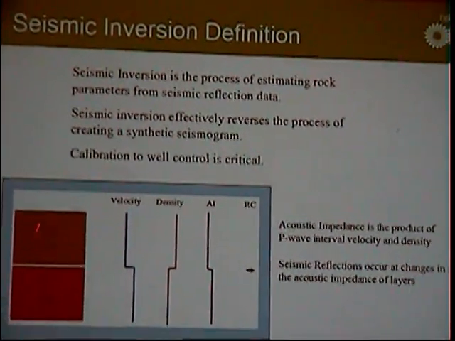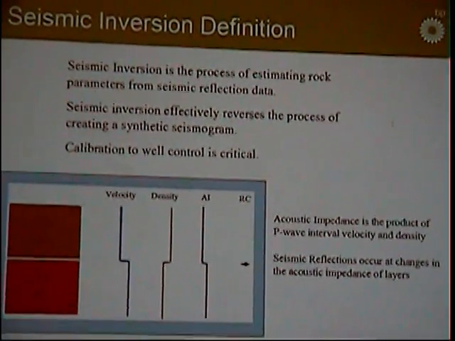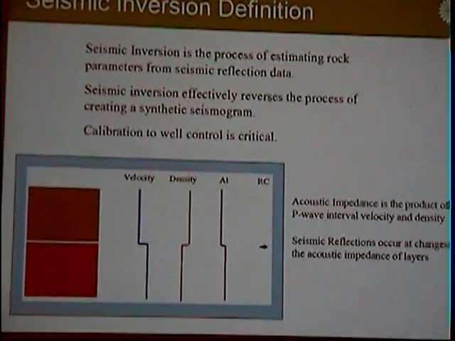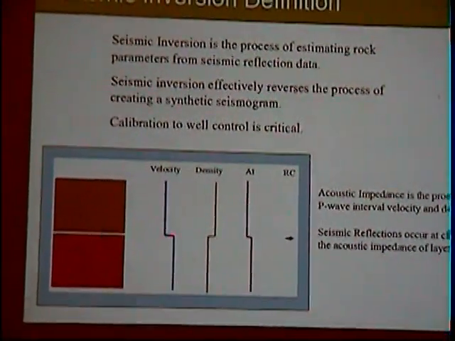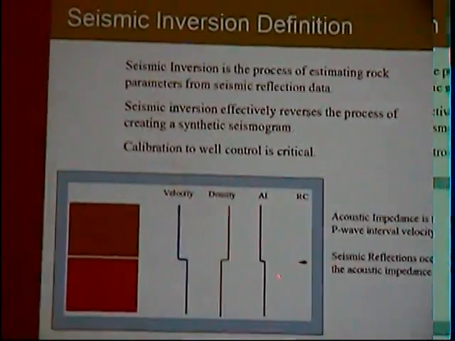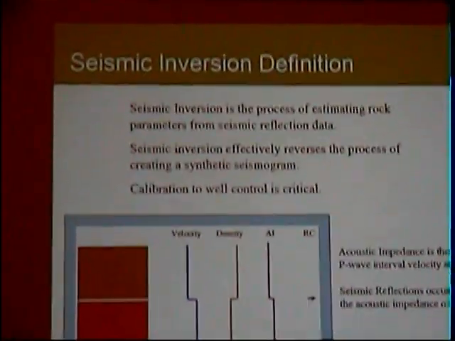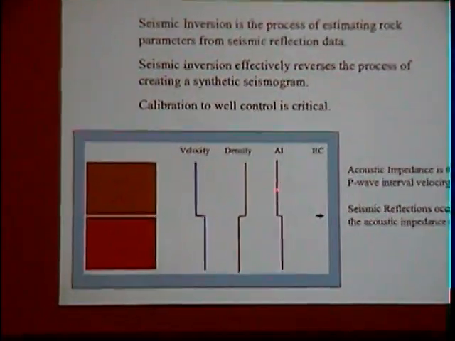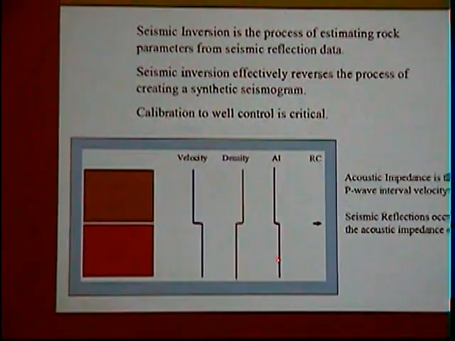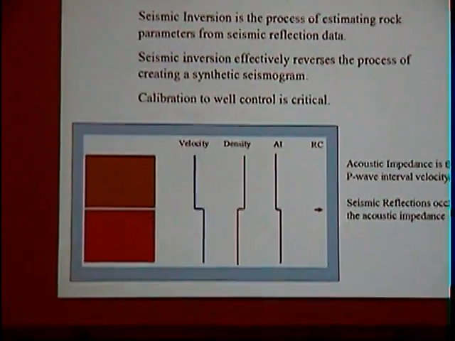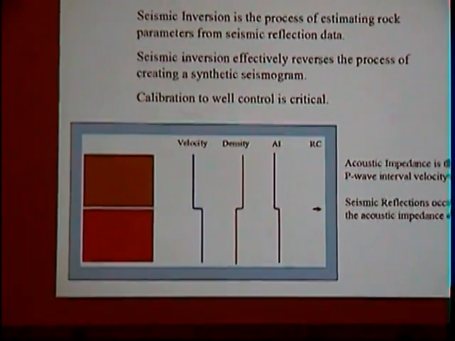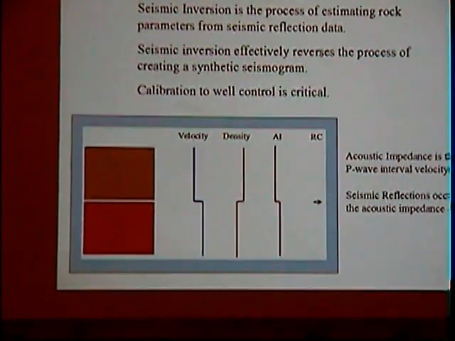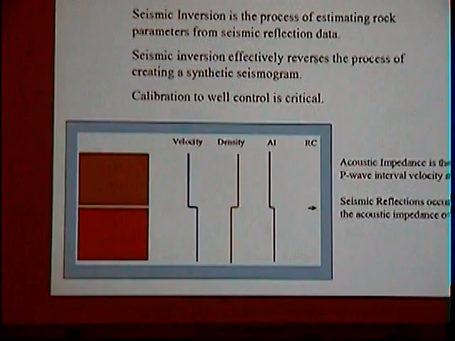So if you have two layers as shown here, and they have contrasting acoustic impedance, right at the boundary you would see a reflection. In this case, this is a lower acoustic impedance going to a higher acoustic impedance.